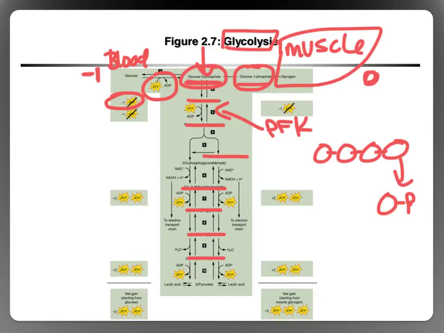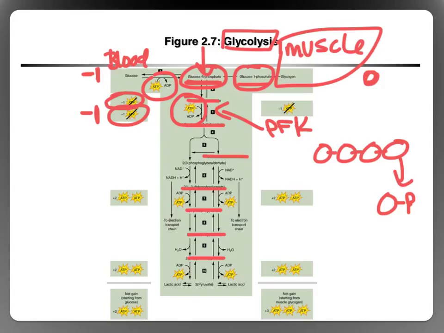Notice what's happening in this third reaction. We are using another ATP. Okay, so again, we're taking an ATP, we're breaking it down, we're releasing a phosphate, we are using some energy, and so now we've used another ATP.